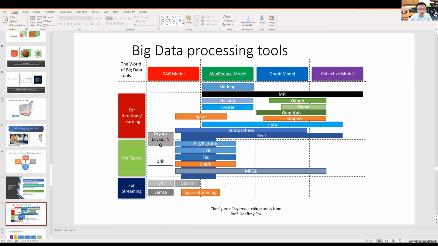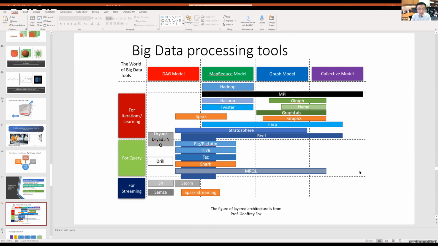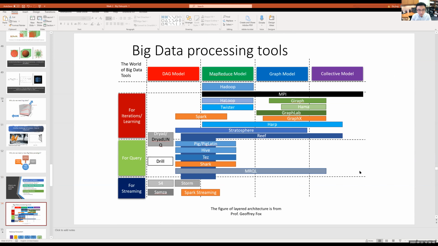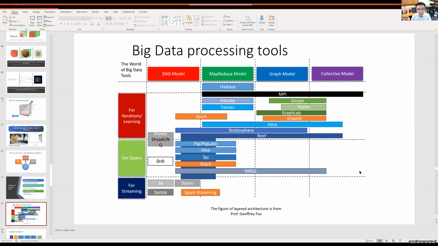Based on the three main functions and the related data structures, we have this ecosystem of big data, mapped by Professor Fox from CMU. Based on your purpose, iteration and learning is more the third function, the highest function, when you model something.